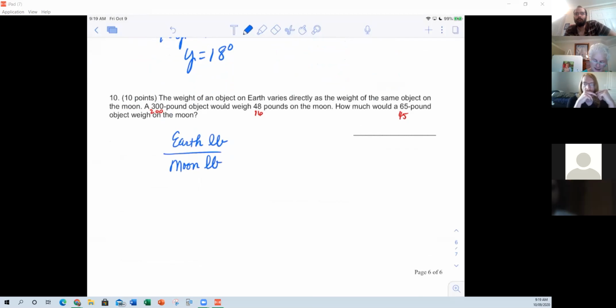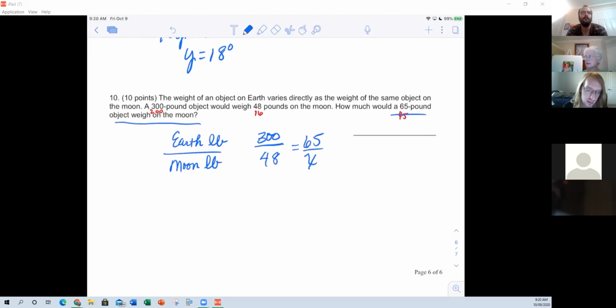So it says that a 300-pound object would weigh 48 pounds on the moon. So 300 would weigh 48. How much would a 65-pound object weigh on the moon? So we're wanting to know what's the weight on the moon when something weighs 65 pounds. And then we would just do a cross product.